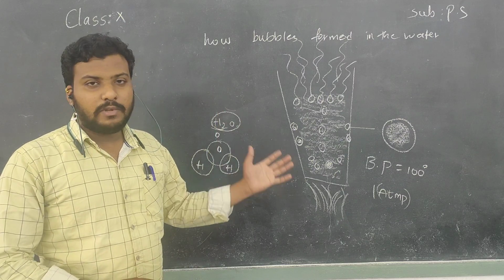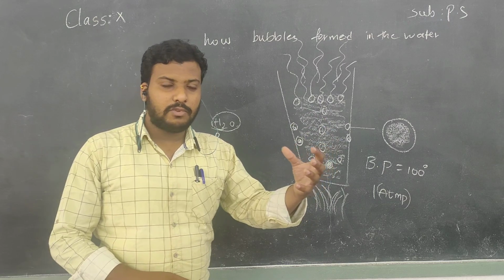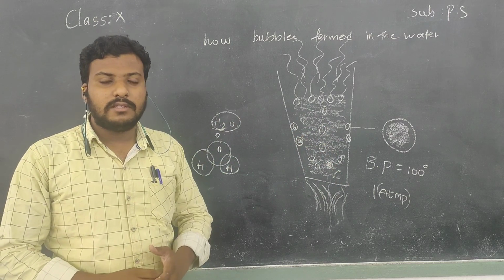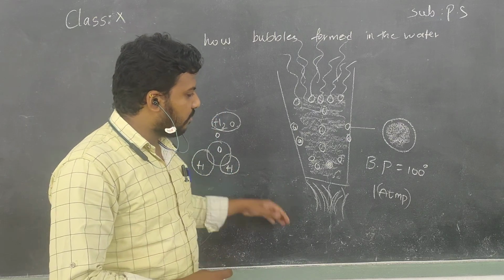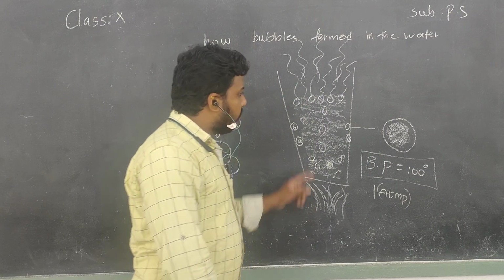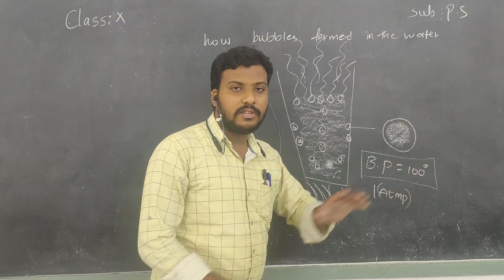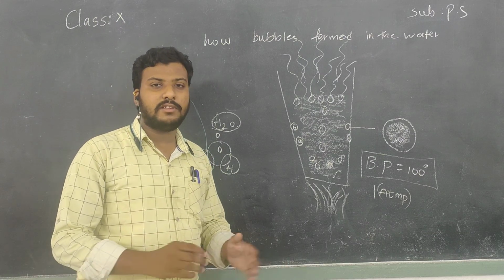So in the concept of evaporation, we see that at any temperature, children, evaporation may take place. But in this boiling concept, it takes place only at 100 degrees Celsius. All the bubbling will happen at 100 degrees Celsius only, not at 20 or 40 or 60 or 70, 80, nothing, children.